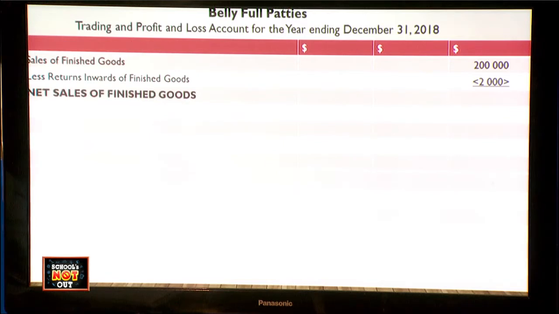What we would get is an adjusted sales figure, which is our net sales of finished goods. Thank you for finishing it up for me. Finished goods. And that answer will be $198,000.